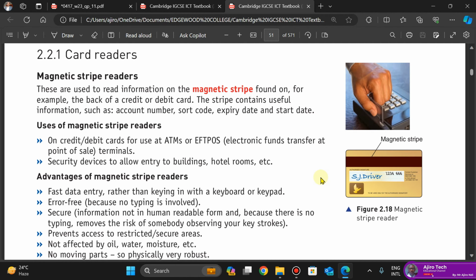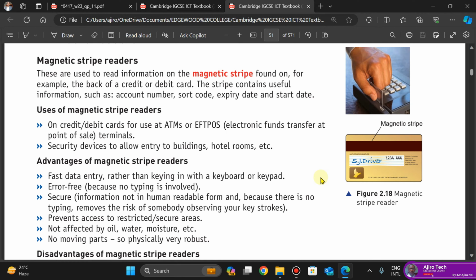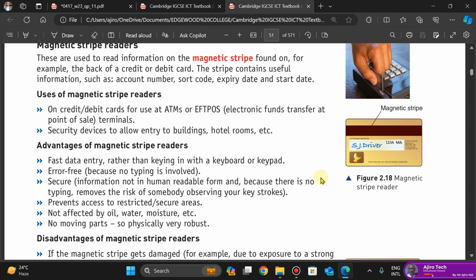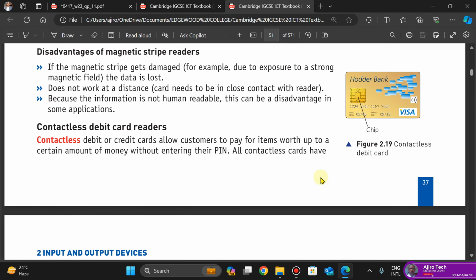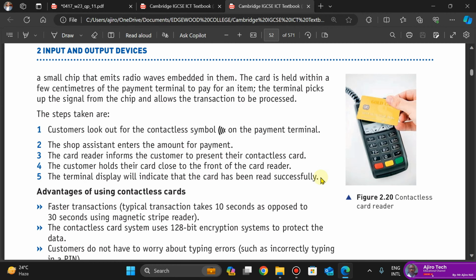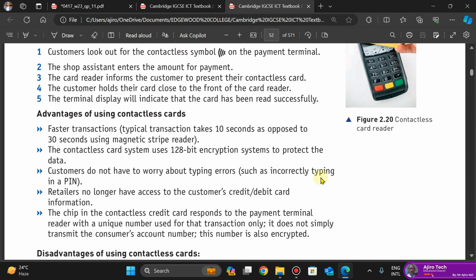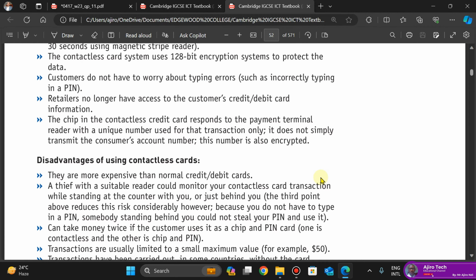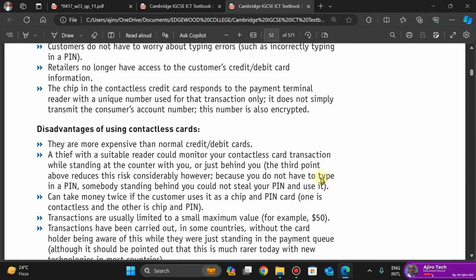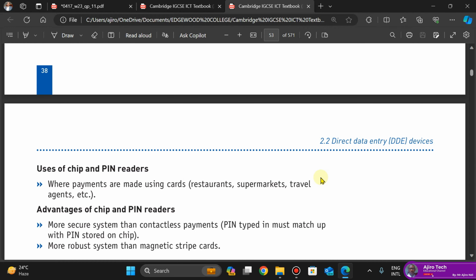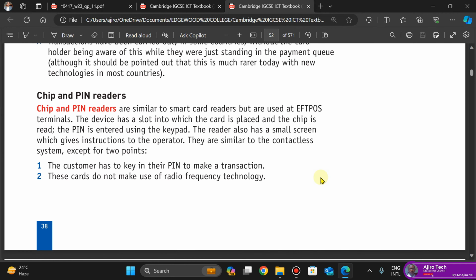There are faster entries, error free, and you just have to swipe in. But for the chip and pin, a good example is your ATM card, where you have to type in your pin to make a transaction.